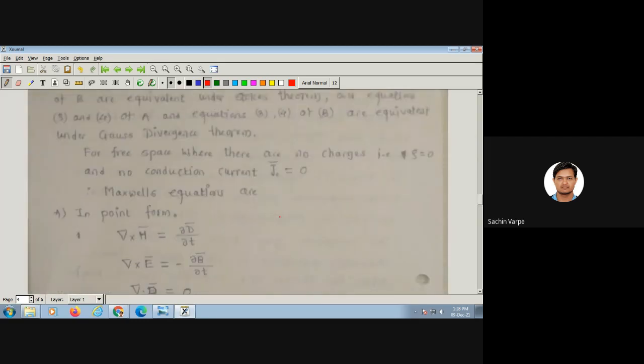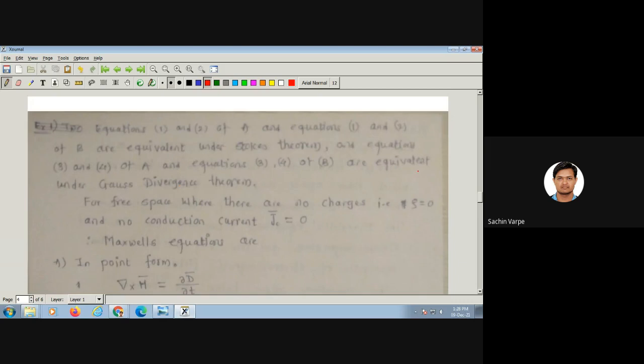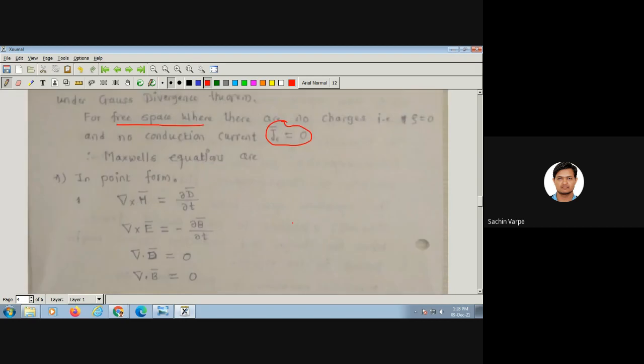And the next equations, Maxwell's equations in free space where the current is zero, are nothing but this, in point form and in integral form.